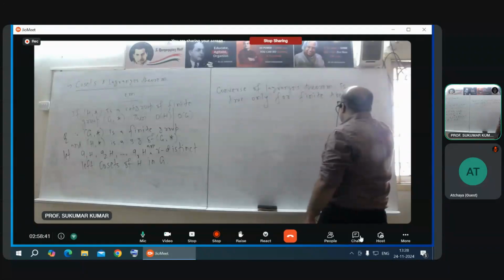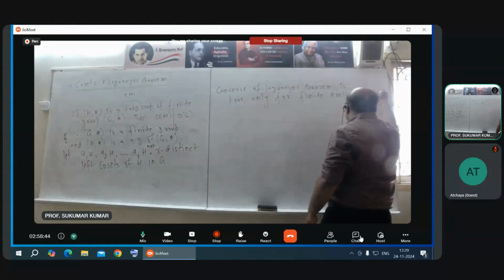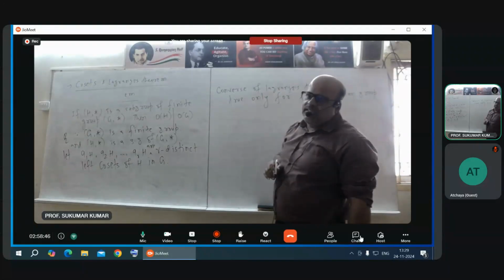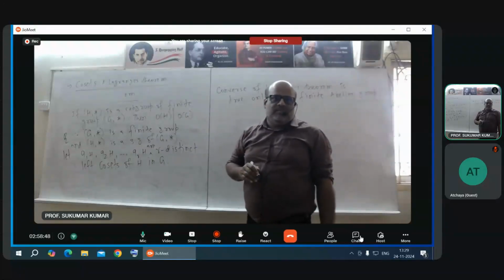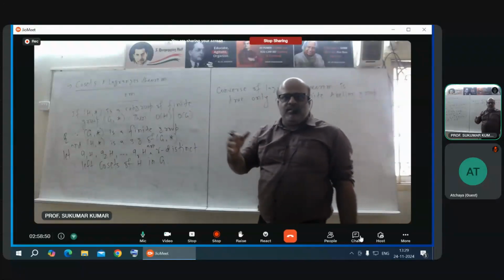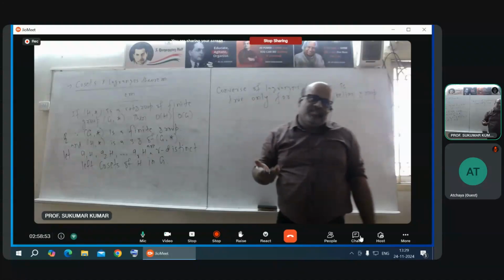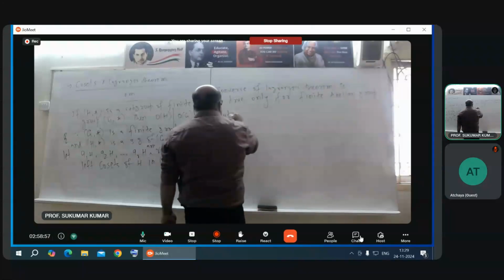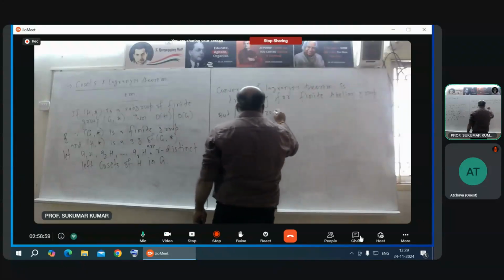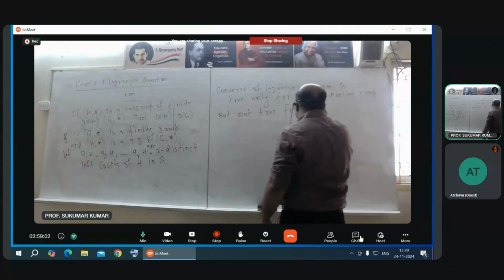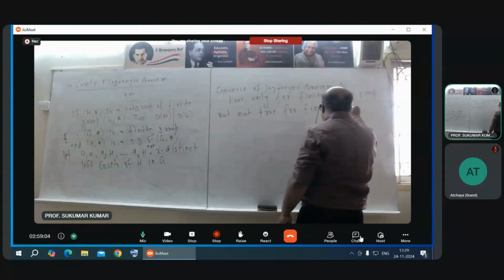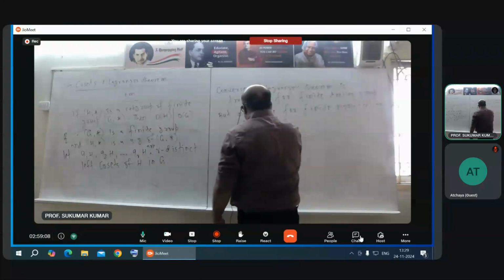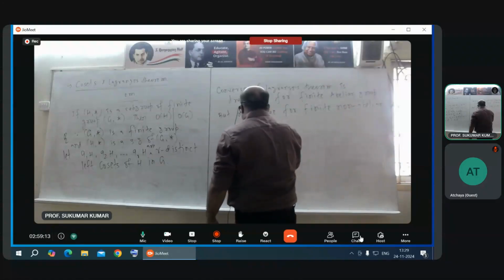Finite abelian groups only. The converse is not true for finite non-abelian groups, because a contradiction exists. It may be true for some non-abelian groups too, but since a contradiction exists, we can't tell the statement is true. But it is not true for finite non-abelian groups. Our contradiction will be A4.